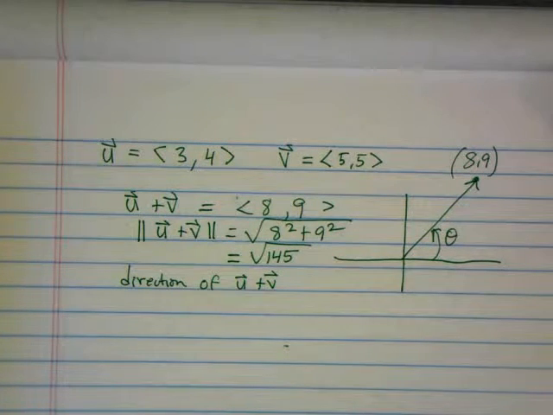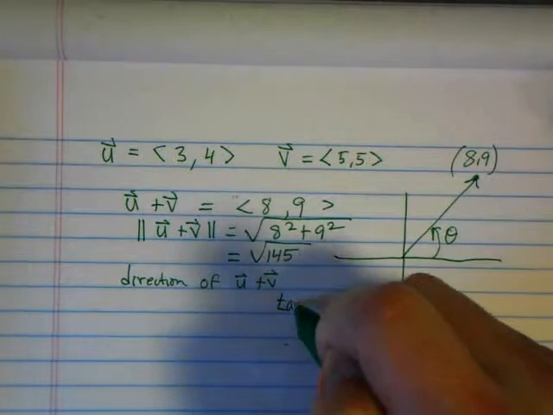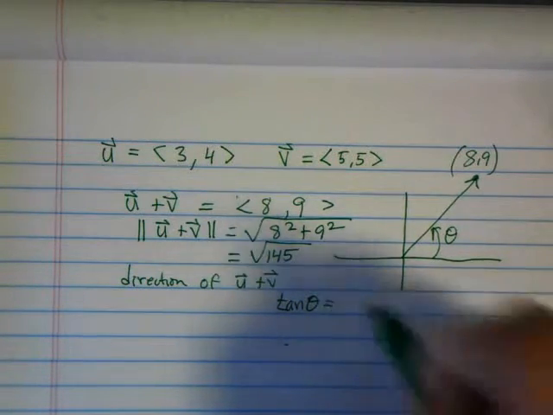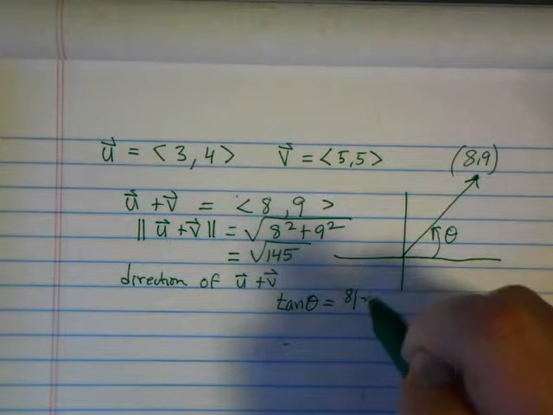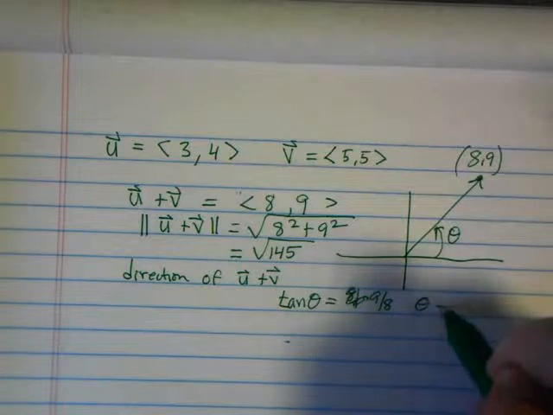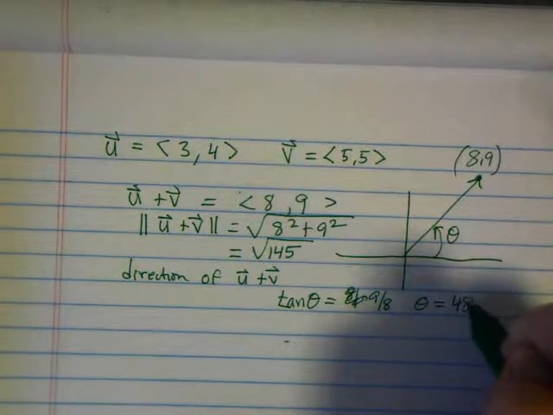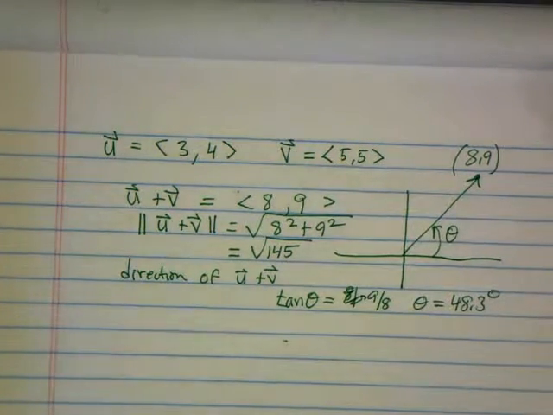But again, whenever you can, avoid using information that you worked out. Better to use given information. So we would say tangent of theta is 8 over 9. Oh, no. 9 over 8, y over x. So theta is 48.3? I'll believe you. 48.3 degrees.